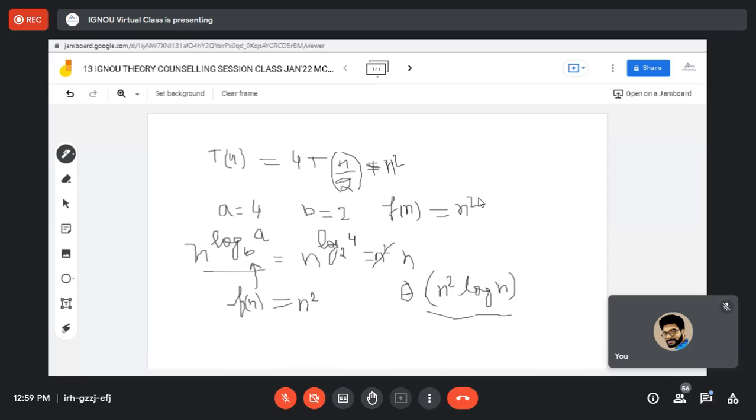We always get the highest value. And if I'm taking this as n square and this as n, then what is the value?